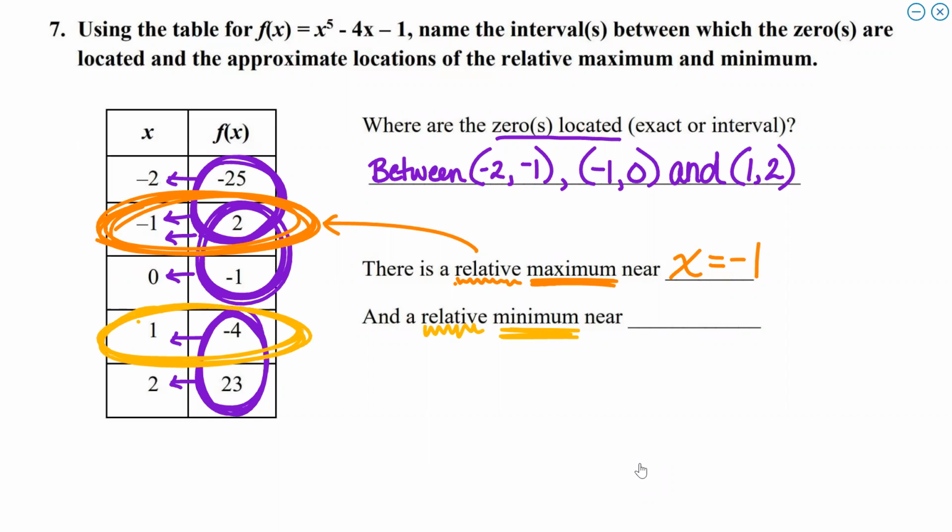That's the lowest that I see anywhere right around it, because after that, it made a change in direction, not necessarily in sign, but in direction. So this is my relative minimum. It's near what on the x-axis? Near x equals 1.